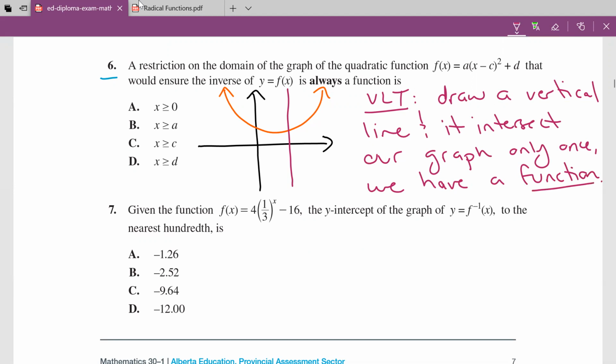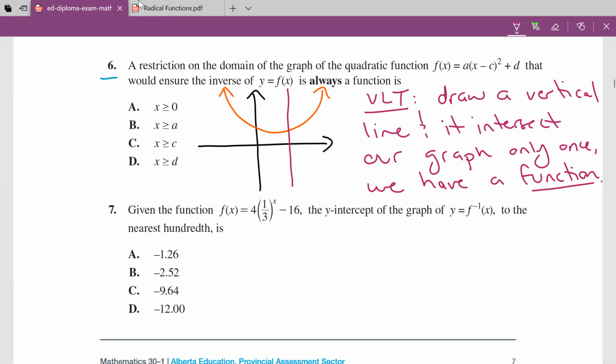If it intersects our graph more than once, we do not have a function, we have a relation. And for us in 30-1, we almost exclusively want to work with functions. Okay, so that's good news. I'm sure a lot of you remember that from grade 10.